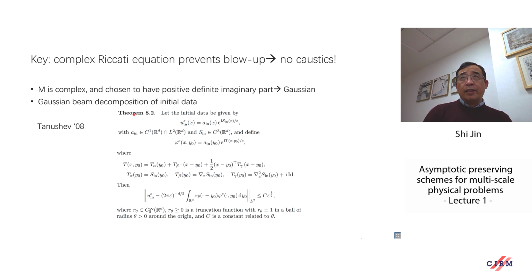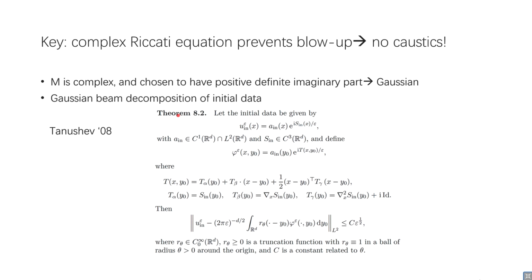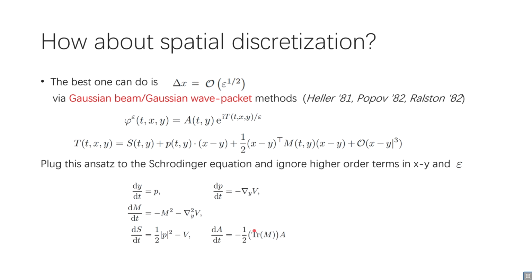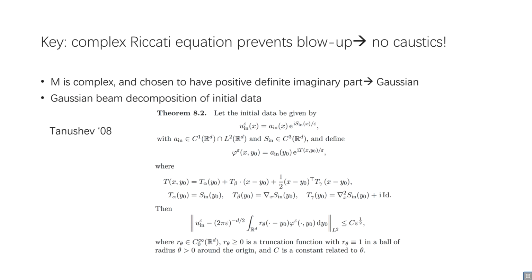And so that's the idea. You have a lot of Gaussians. Each Gaussian will evolve in time according to these dynamics. Then what happens is that if you start with general initial data, which is not Gaussian, you have to decompose the initial data into a superposition of Gaussians, because the Schrodinger equation is linear, so it satisfies linear superposition.